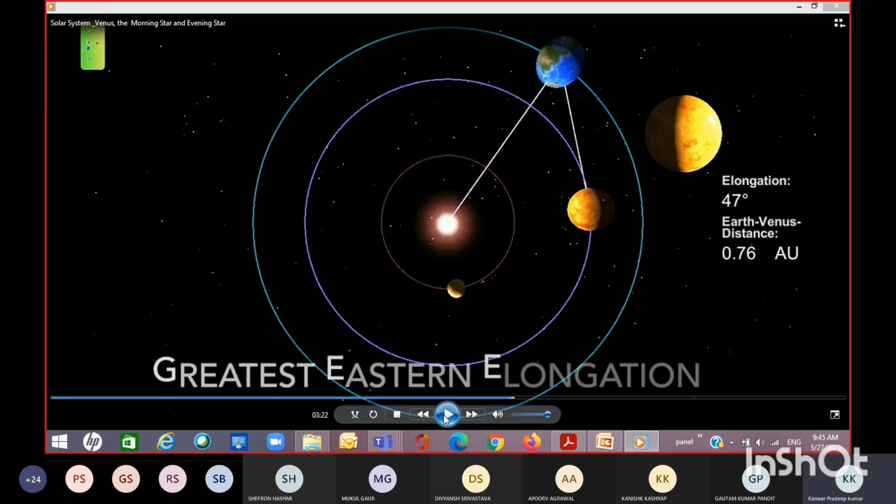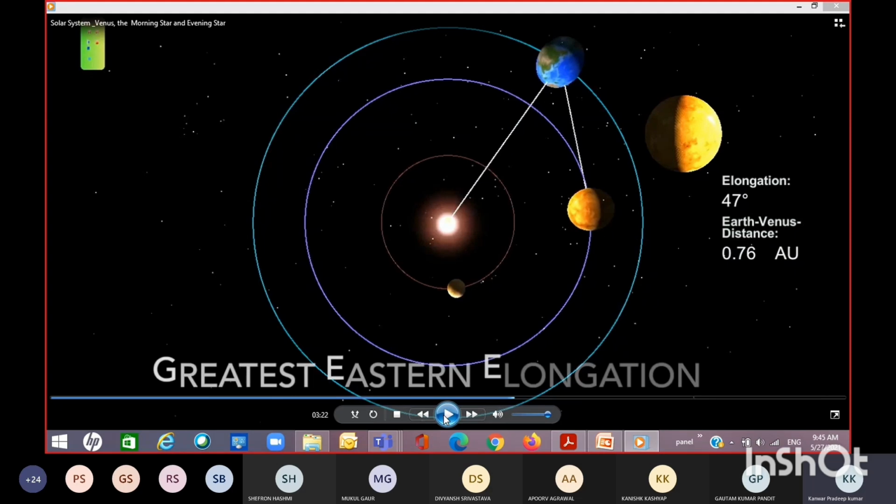Maximum elongation 47 degrees. What elongation is this? Eastern or western elongation? Western elongation. Western or eastern?